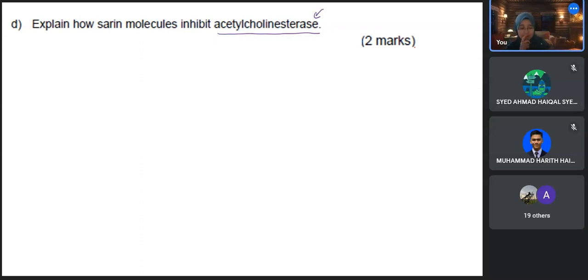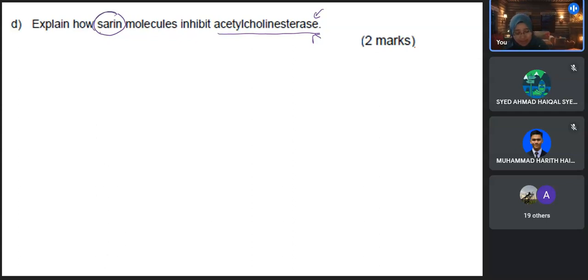So when you have an inhibitor, which is serine, that binds to the active site of the enzyme, acetylcholine cannot bind to the active site of the enzyme. When acetylcholine cannot bind, the neurotransmitter is always present at the synapse and causes continuous transmission of impulse.